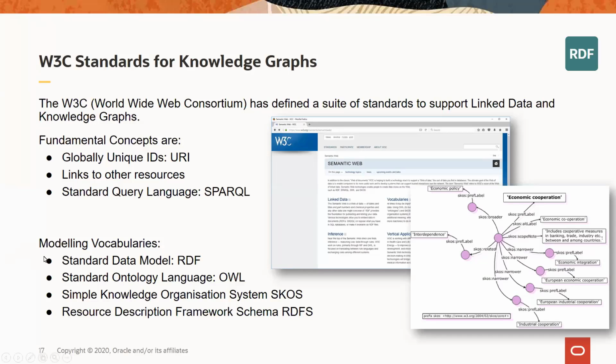And you can see here in the little picture, this little graph in the bottom right-hand corner, they're using SKOS to show this vocabulary. And this is a standard. So when you're working with other data and other graphs, it's very easy to interlink these two together. So a graph database can exist, but for it to be a knowledge graph, for it to be a semantic web graph, it has to adhere to these standards.